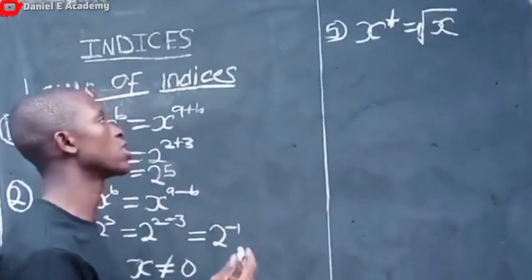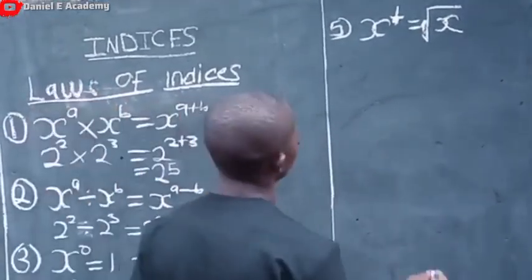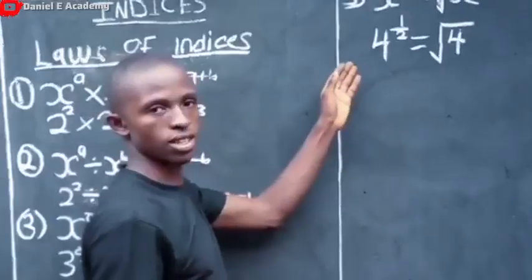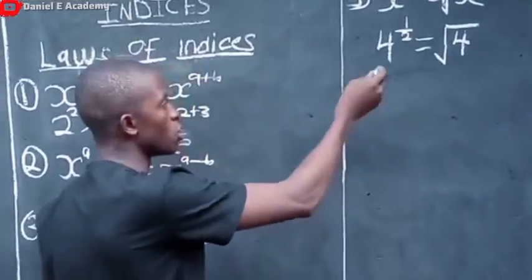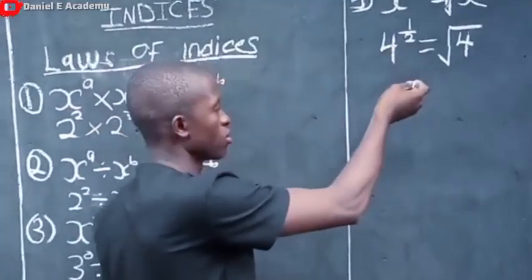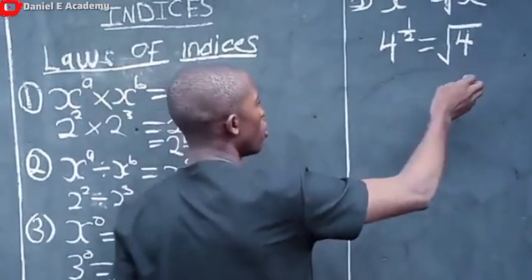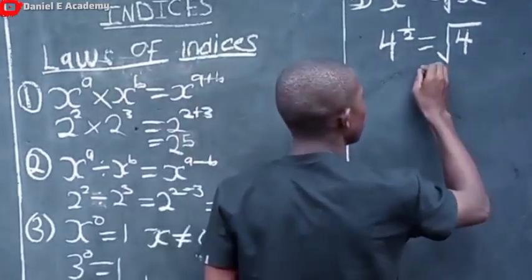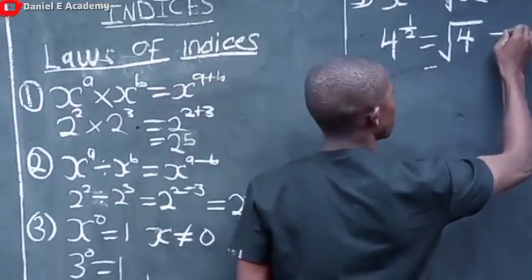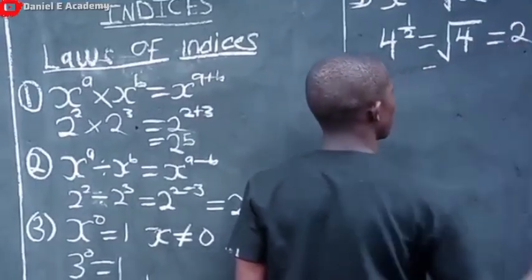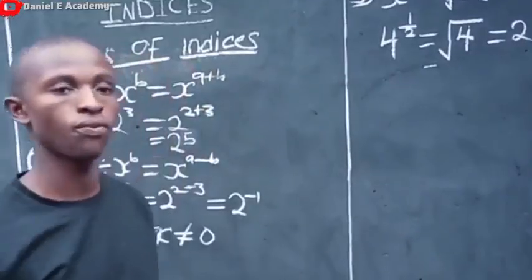If it's 4, you take the fourth root. Let's see an example. 4 to the power of 1 over 2, which is half, gives us the square root of 4, which is equal to 2 as our final answer.